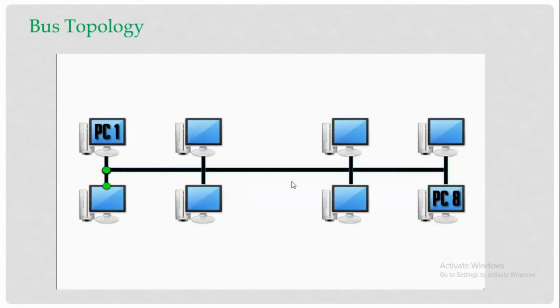Next is a bus topology. As this word indicates, there will be a common bus line, and from this bus line all the systems will be interconnected. Imagine a bus, a public transportation bus or a private bus.